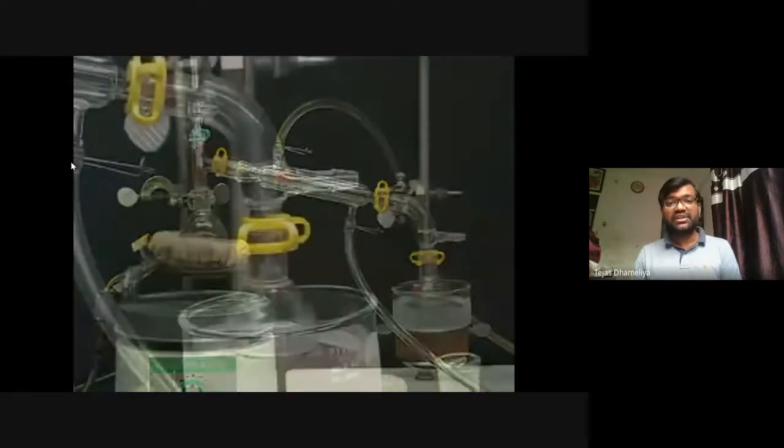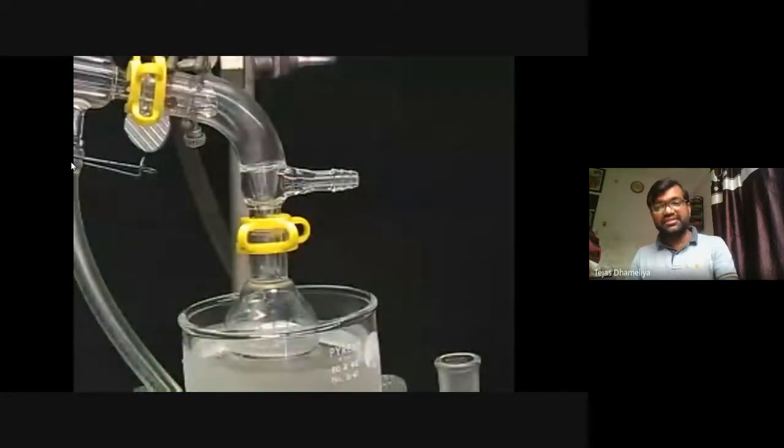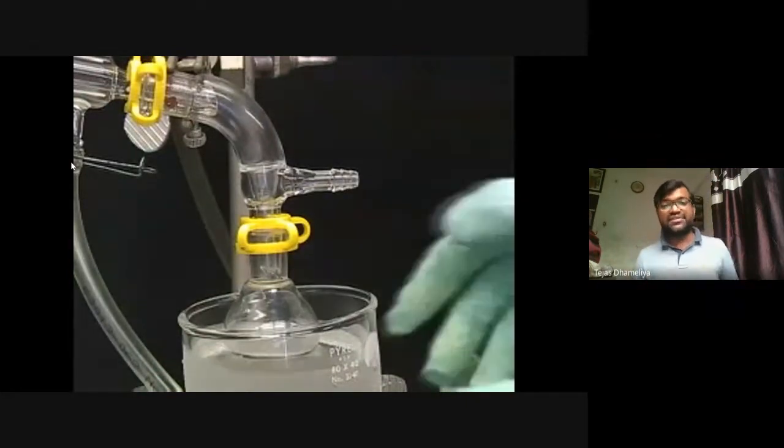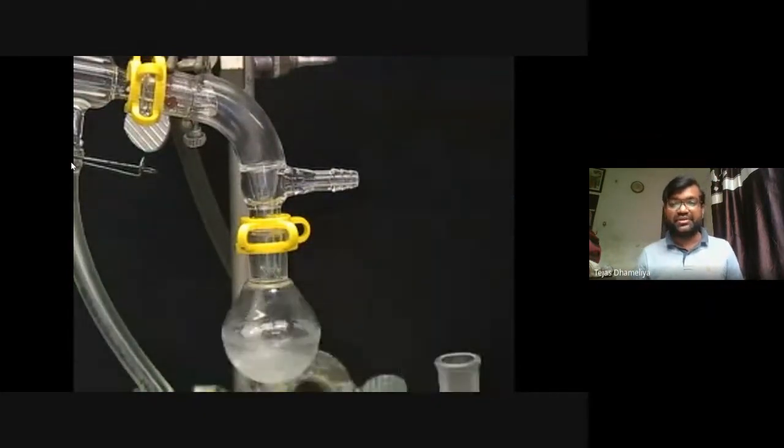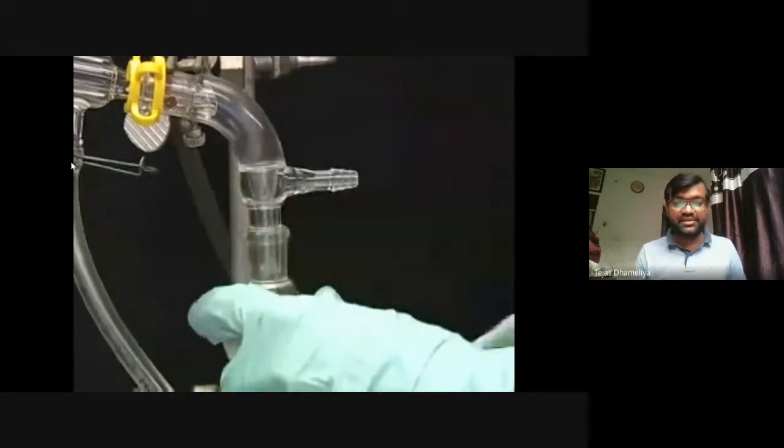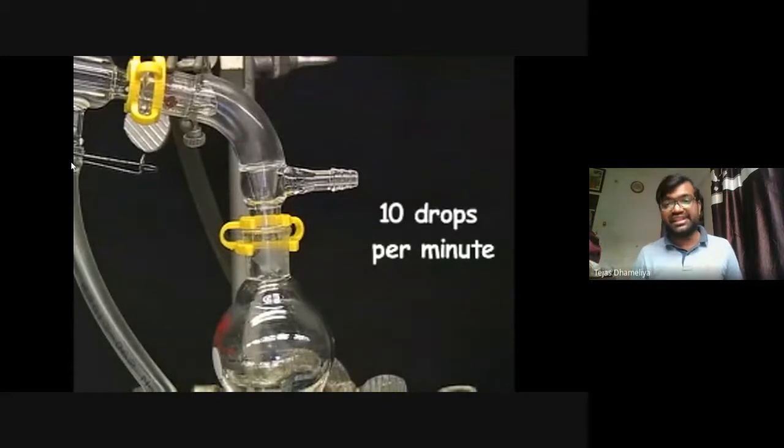Okay, so this is the way that this is being transferred. We have to discard the initial distillate because it may contain impurity, either from our glass apparatus. So they took it and then threw it away.